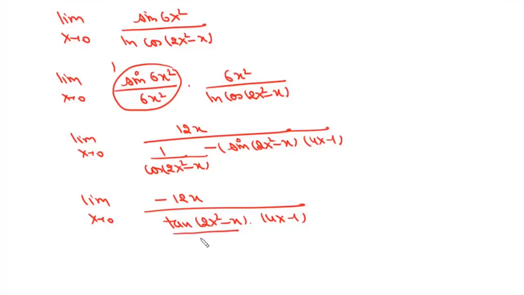Now what we'll do is, we'll multiply and divide everything with 2x square minus x.